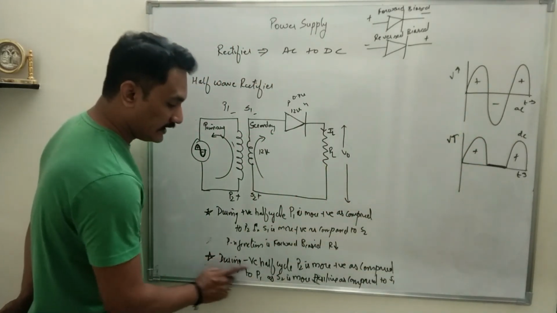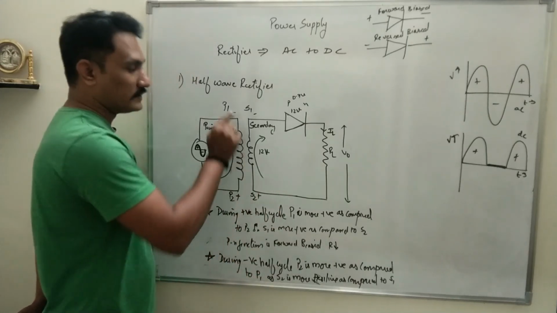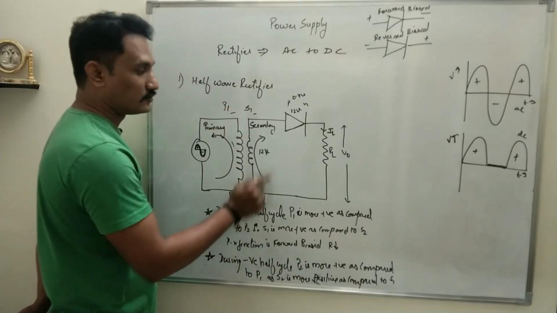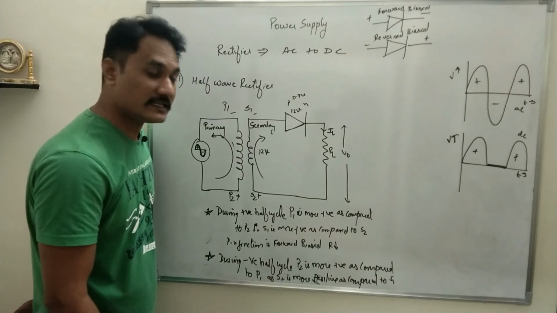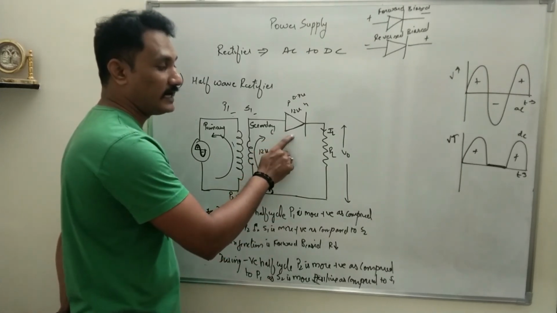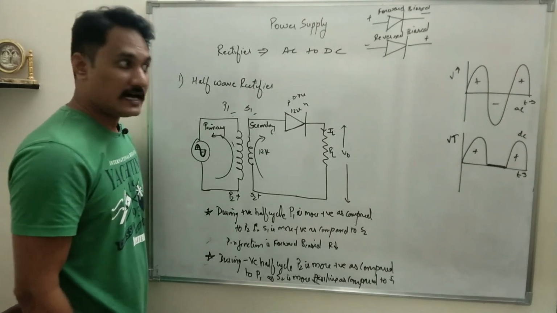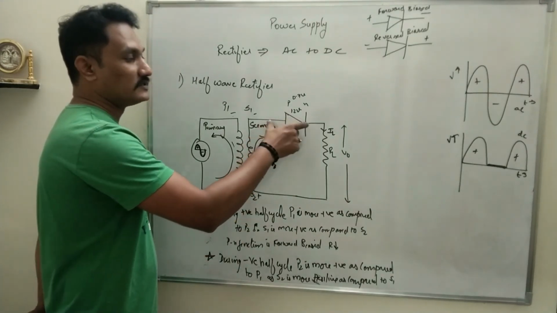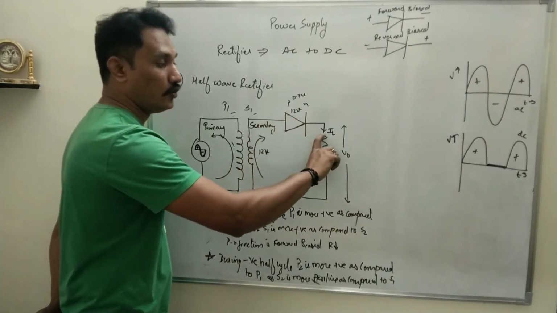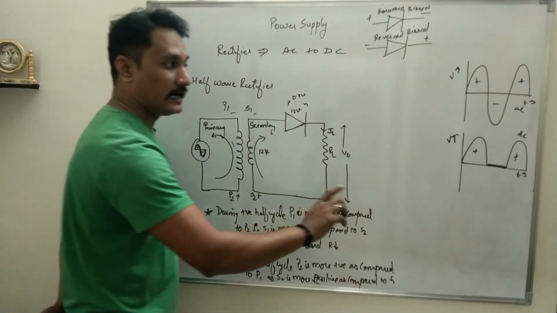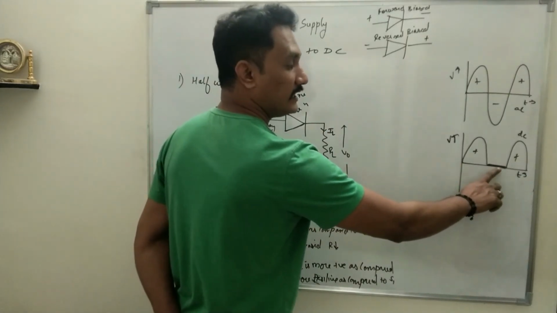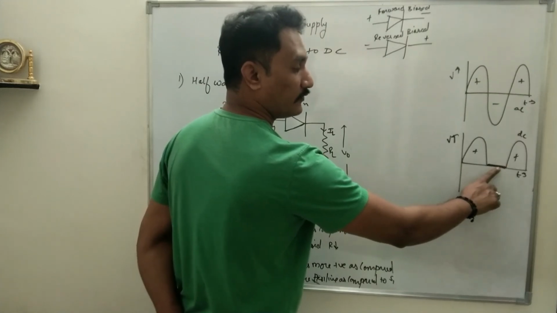During the negative half cycle, P2 is more positive as compared to P1, therefore S2 is more positive as compared to S1. The diode will be reverse biased, and the resistance offered by the diode will be very large, so the entire secondary voltage will be dropped across the diode. No voltage drop will be there across RL. It is as if the negative half cycle will be clipped from the output.